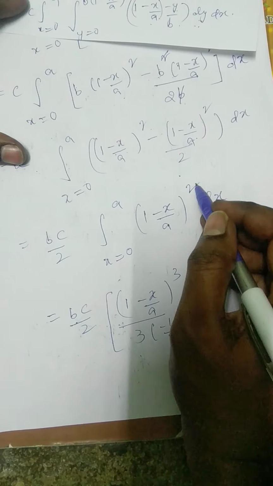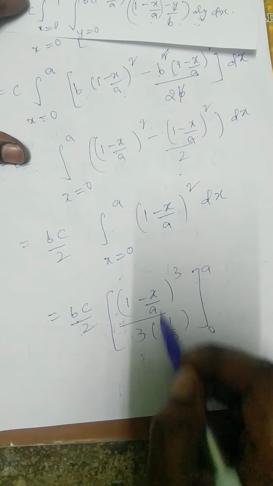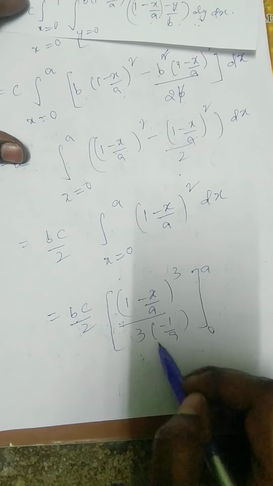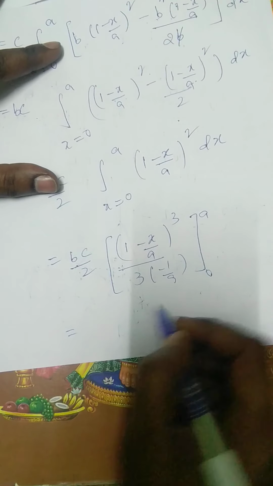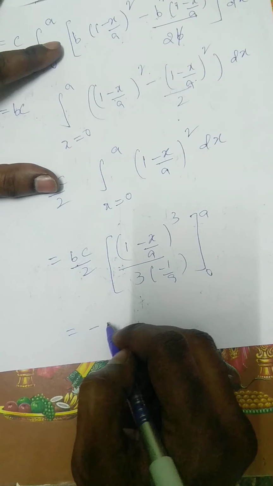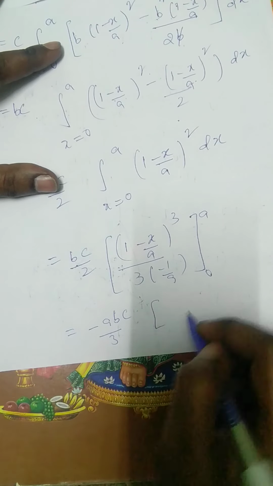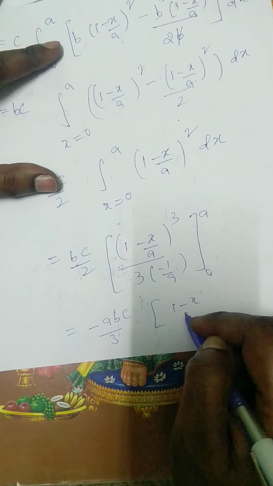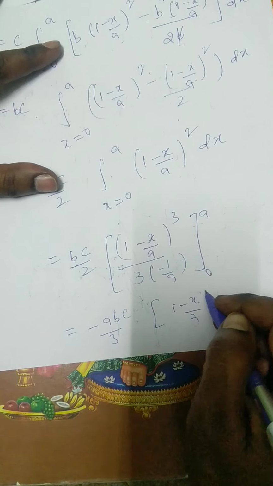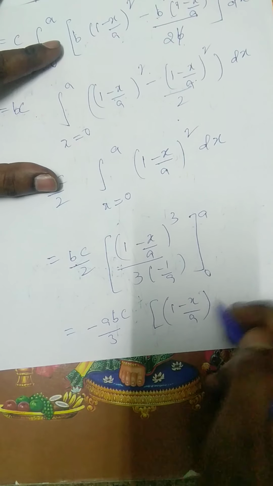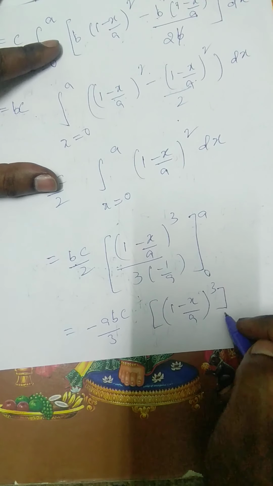Integration of minus x by a is minus 1 by a. This we can write as minus ABC by 3 into 1 minus x by a whole cube, 0 to a.